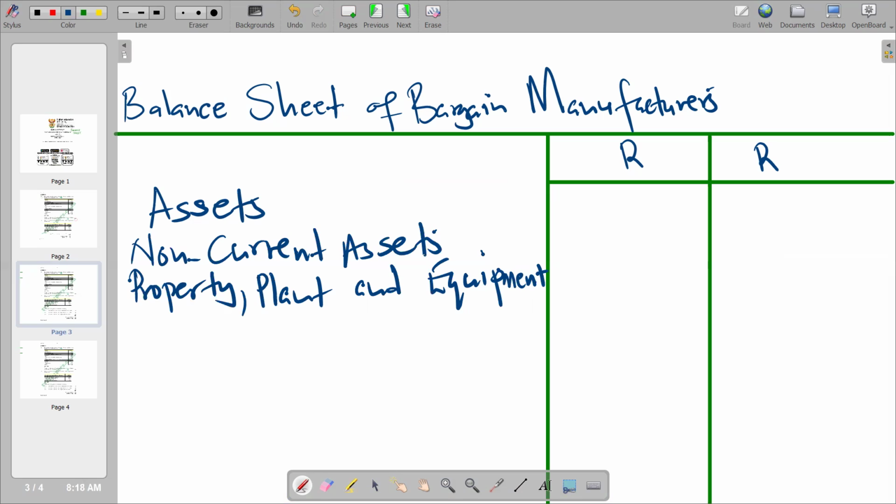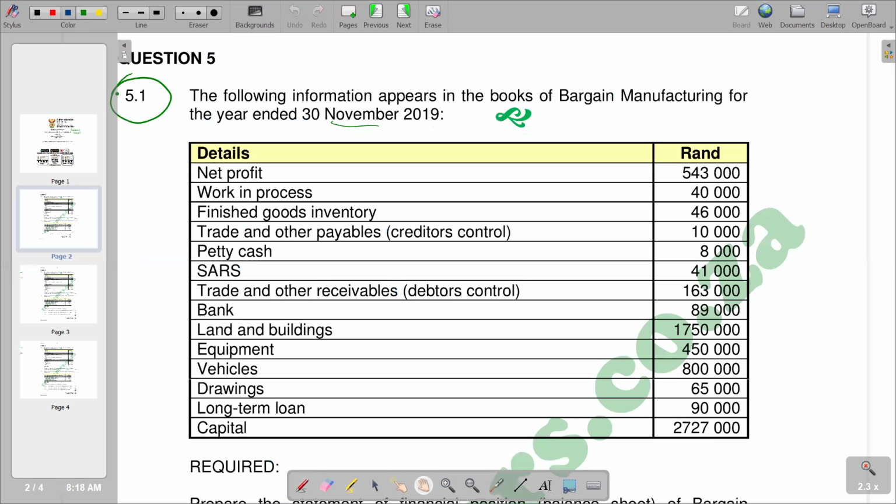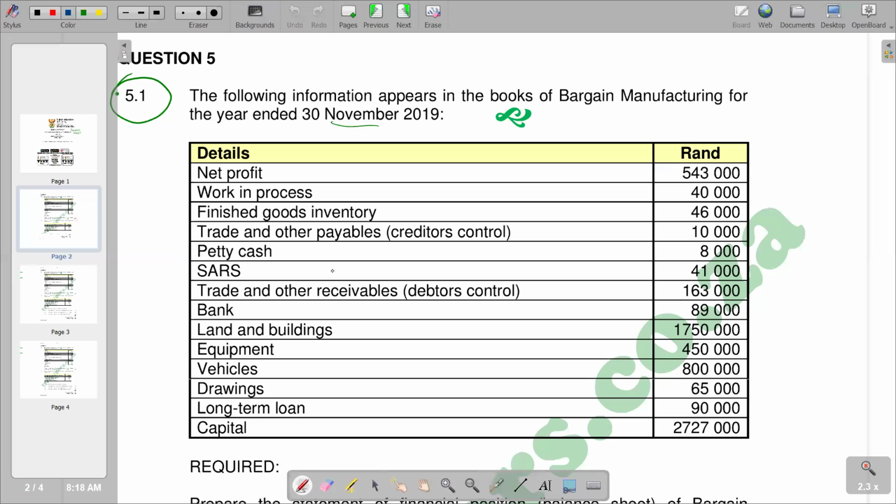So in terms of tangible non-current assets, we have property, plant, and equipment where we put all the tangible non-current assets. So we refer back to the list of balances and try to pick those tangible non-current assets. On the tangible non-current assets, we have land and buildings, we have equipment, we have vehicles. So we are going to add three, whereby we're going to say 1,750,000.